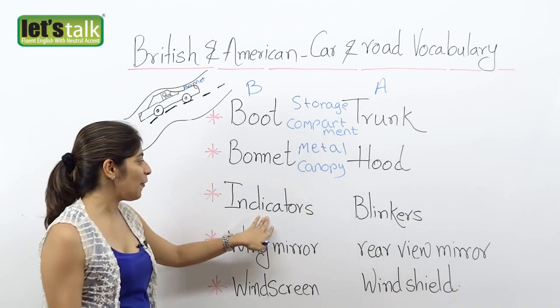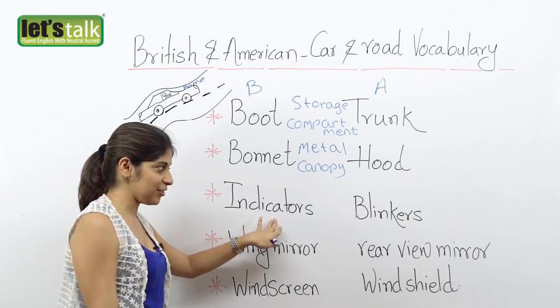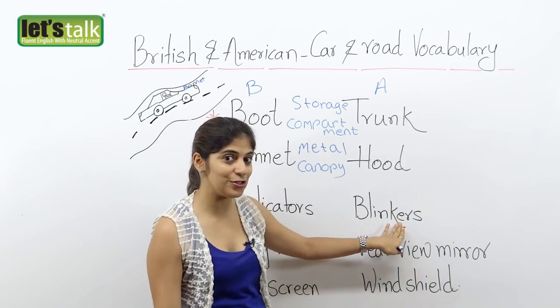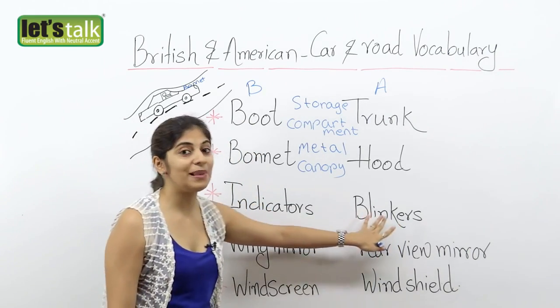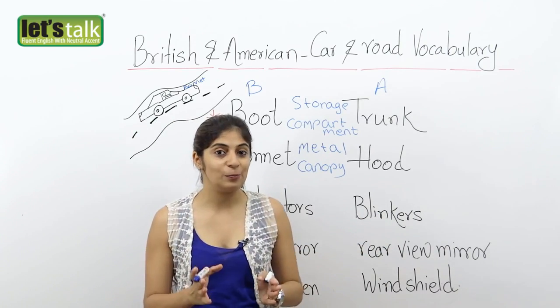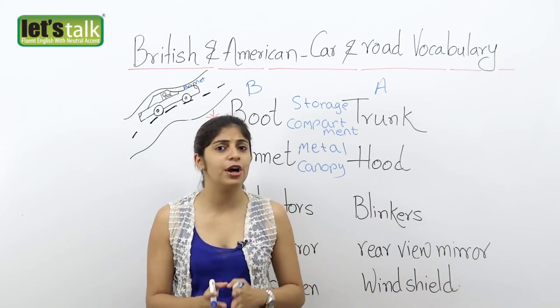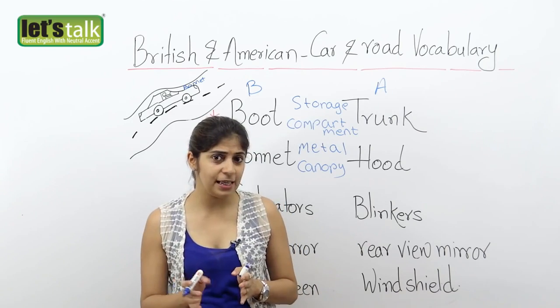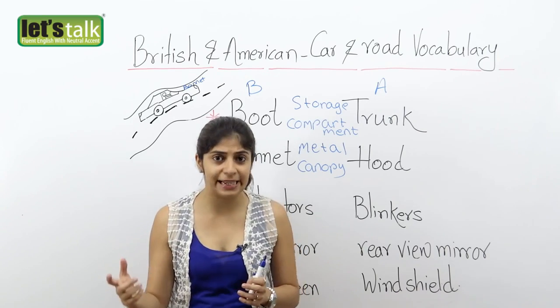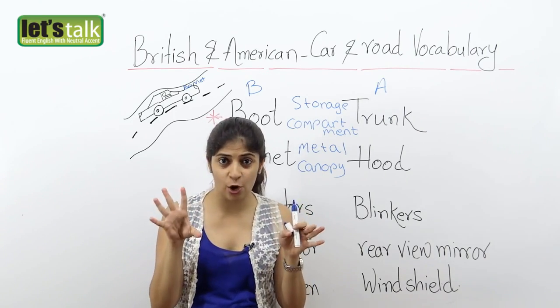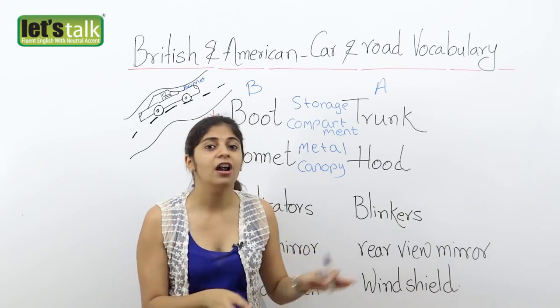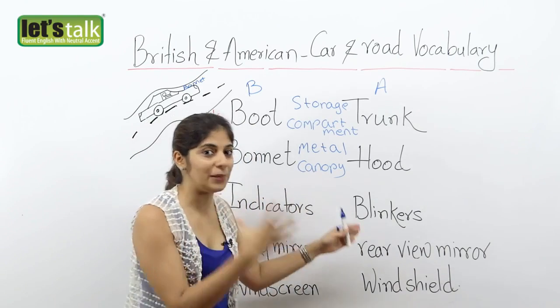Let's have a look at another word here, indicators and blinkers. Now, indicators and blinkers are the signal. You know, when the driver has to turn left or right, we activate the signal. So the lights flashing or blinking are the indicators or blinkers.